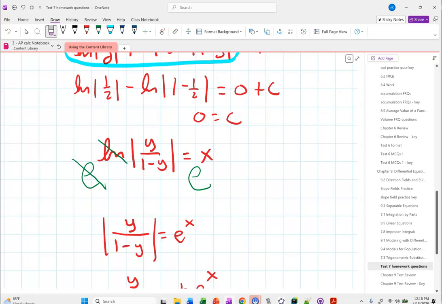The rest of this is just algebra. Feel okay? Yep. Or even if I expected you to do that, that last part would be like a half a point or something of getting the y by itself. You've done the bulk of the work that I'm expecting you to do there. The rest of it is just clean up.